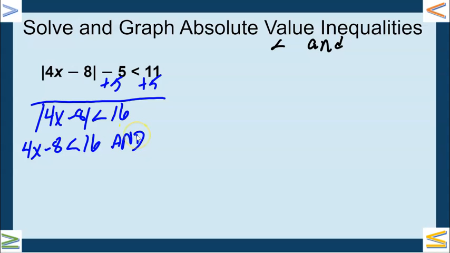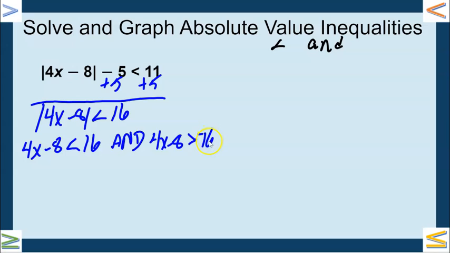Then case 2 is going to be the expression 4x minus 8, and now we have to do the opposite. So instead of less than, it's going to be greater than. And when we change the sign, we're also going to use the negative form of 16, which would be negative 16. With inequalities, anytime you divide or multiply by a negative number, you always flip the symbol.